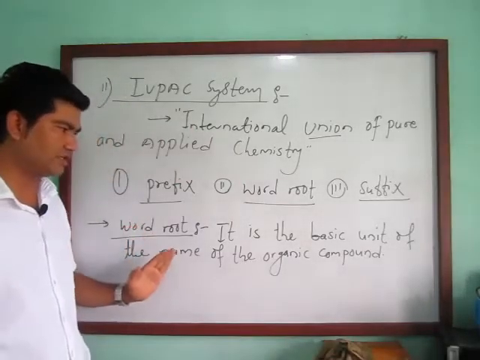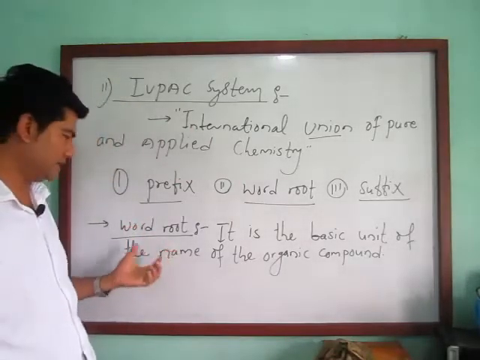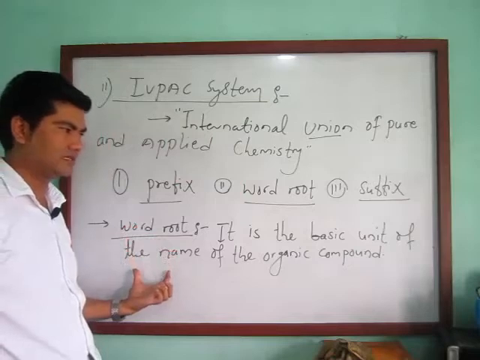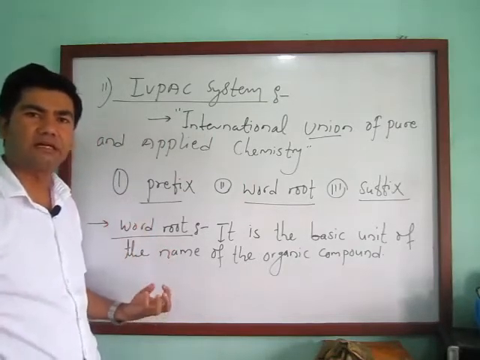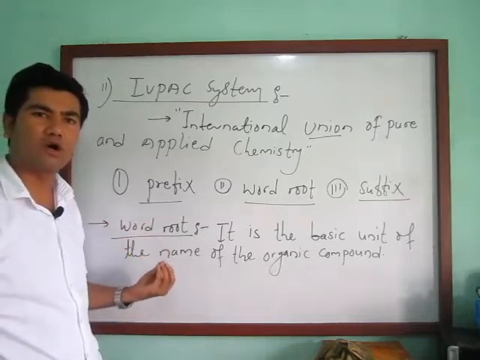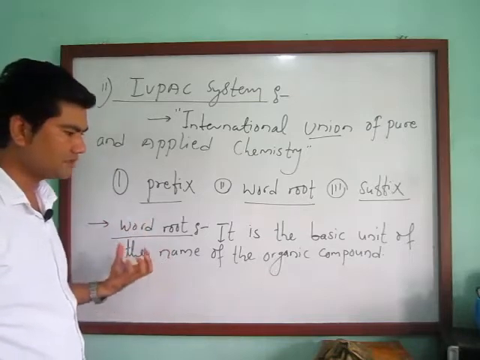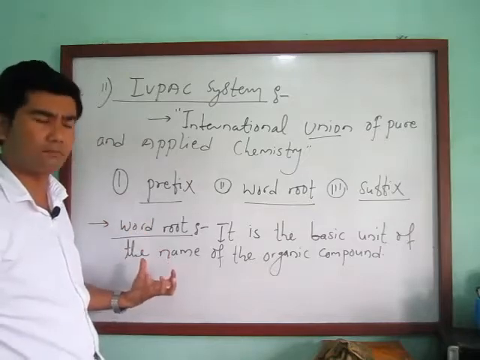The word root tells about the number of carbon atoms present in the given organic compound, that is, the main chain of the given organic compound.